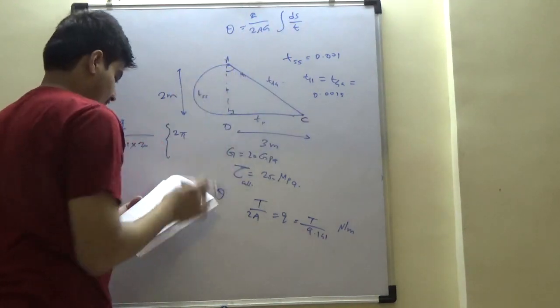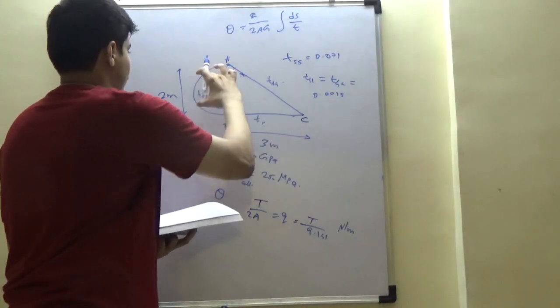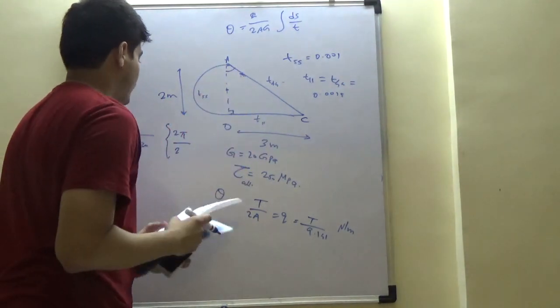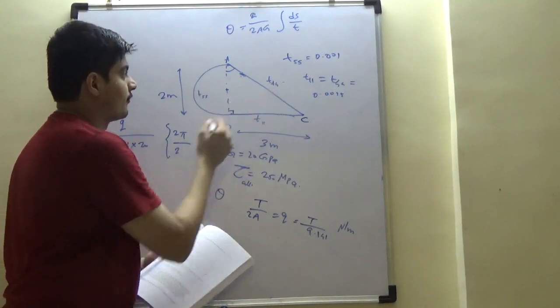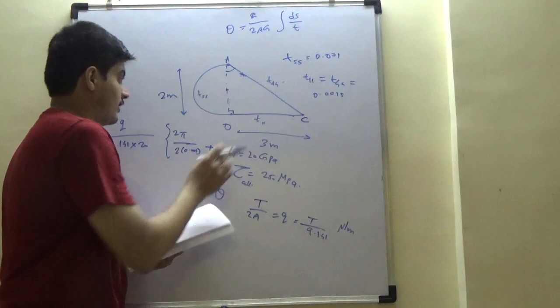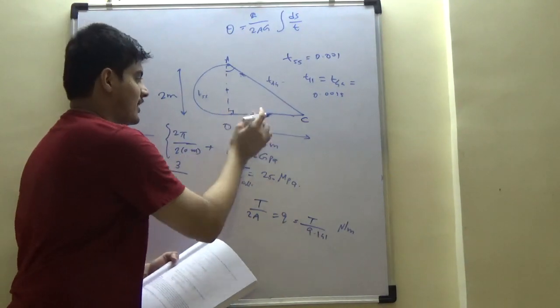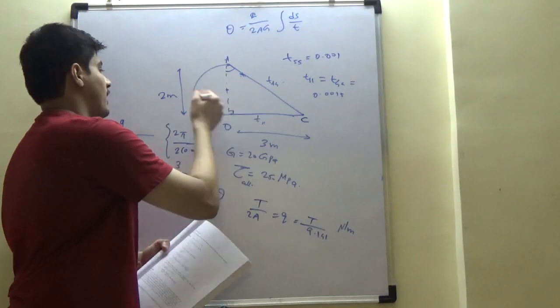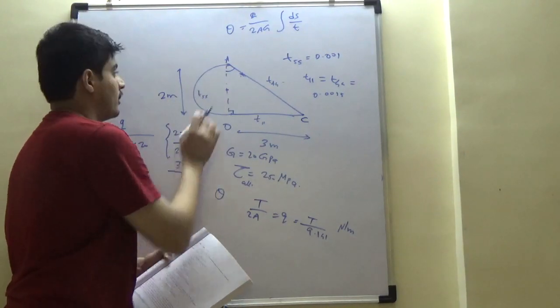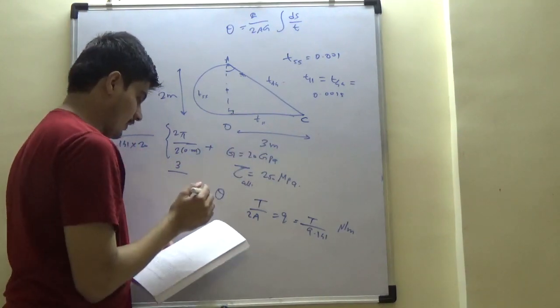ds upon t is going to be 2 pi upon 2 into T55. So thickness along this is 2 pi upon 2 into 0.001, plus along this is going to be 3, because s is nothing but 2 pi r. So 2 pi upon 2, upon 3 into T11.